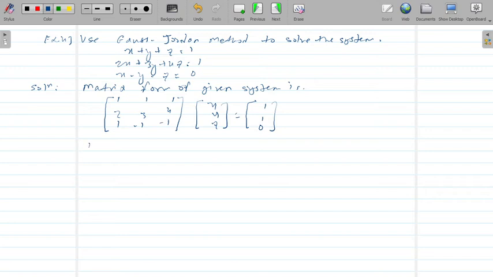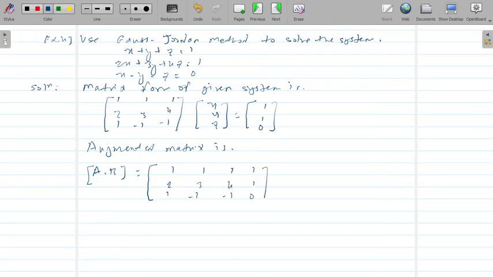Next step, the augmented matrix. You can write this as A, comma B, and you obtain this matrix by joining the RHS constants to the coefficient matrix. So the coefficient matrix as it is, 1, minus 1, minus 1, and you join the RHS constants 1, 1, 0.